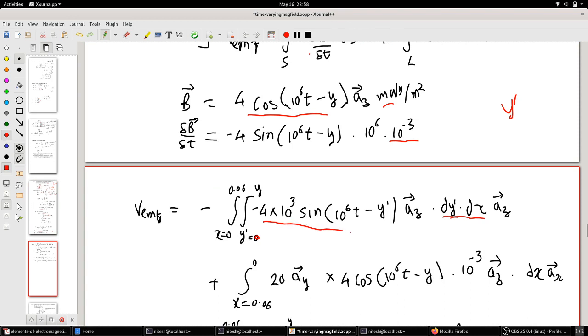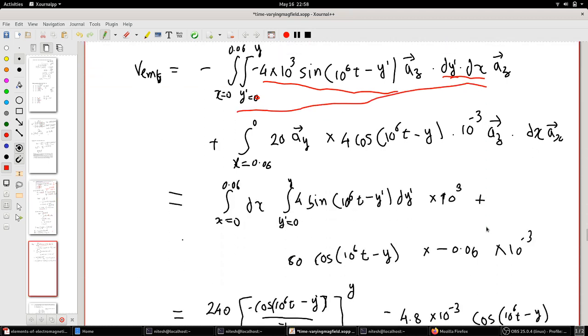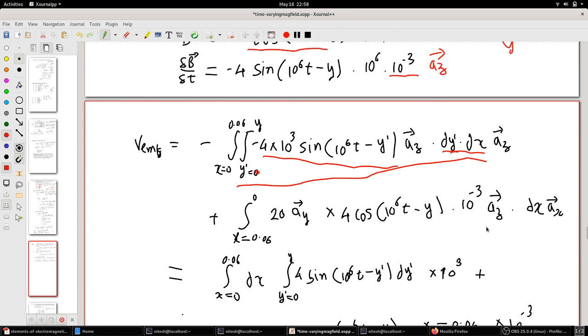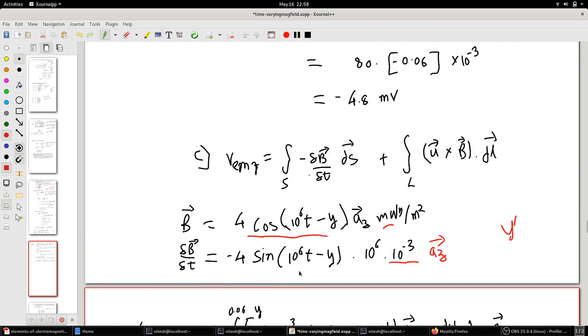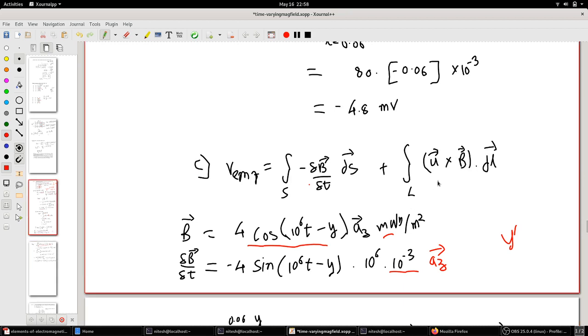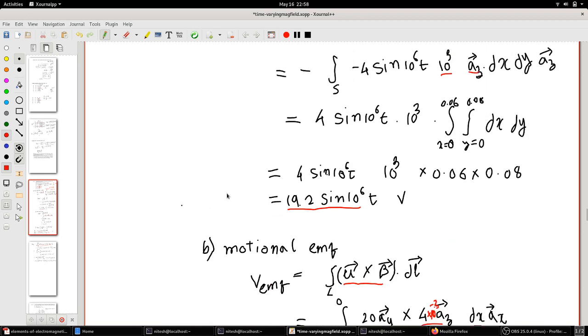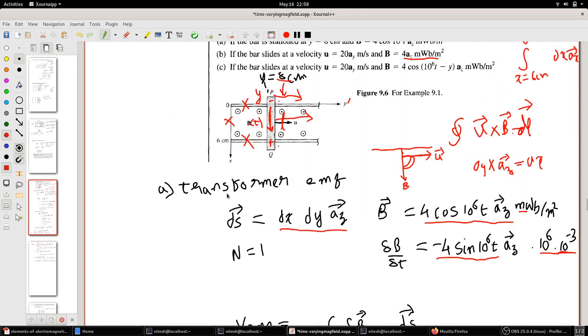Del B by del T is this, with an az vector, and az dot az will become 1. Before going to the first part, let's see the second integral. Now you have U cross B dot dl. So now let's see this.